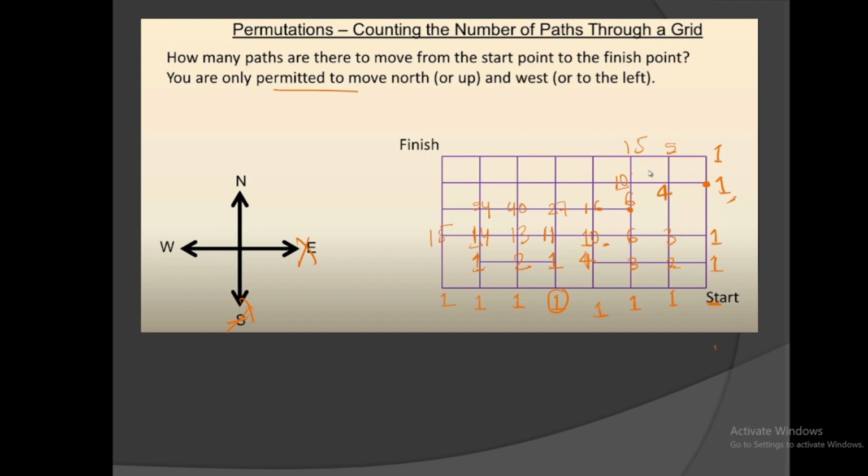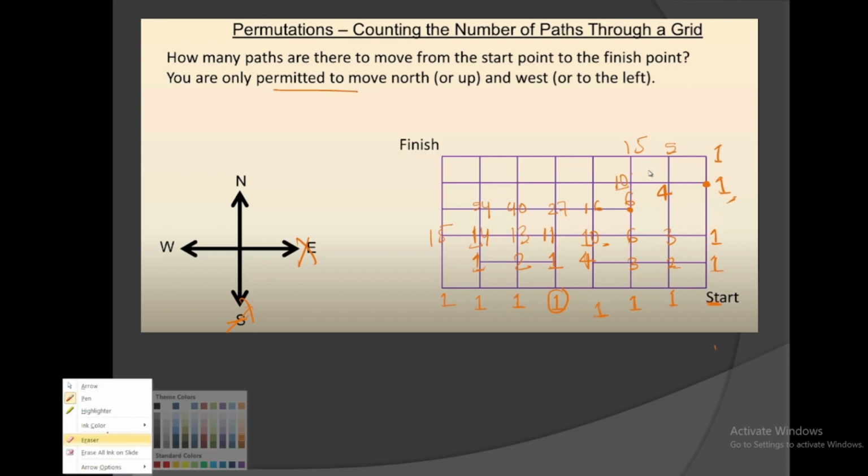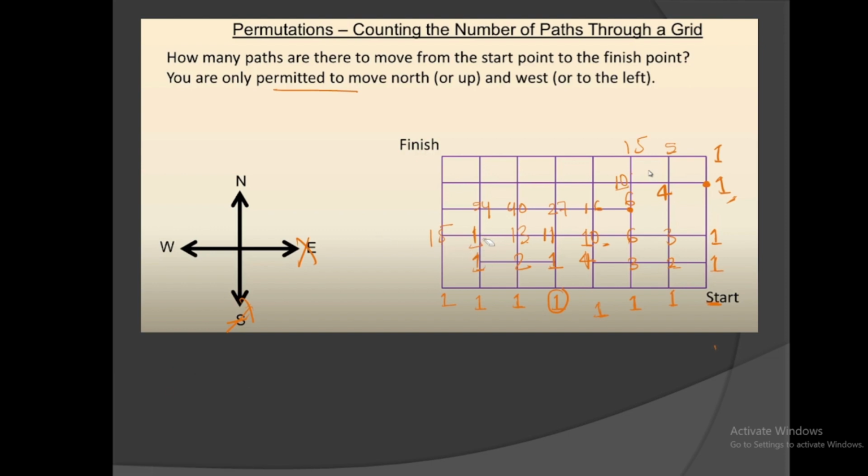wait. I think I have committed some mistake. This was 13, right? This was 13. But over here, yeah, wait. Hang on. I've explained something wrong on this side. For this, there is only one way.